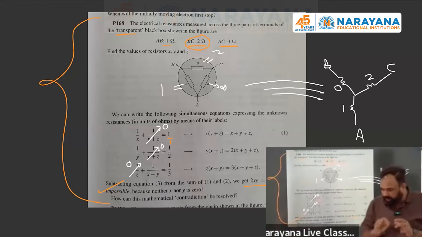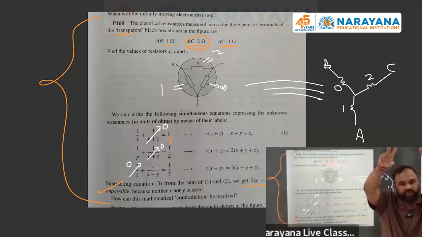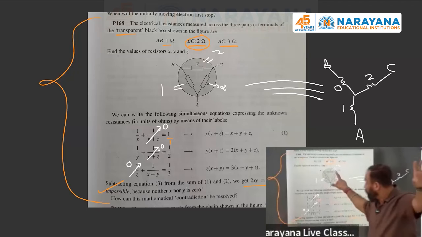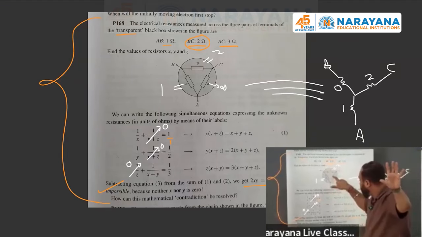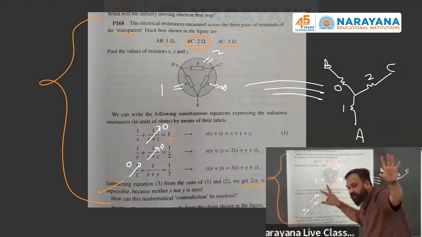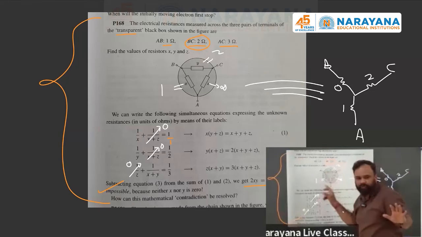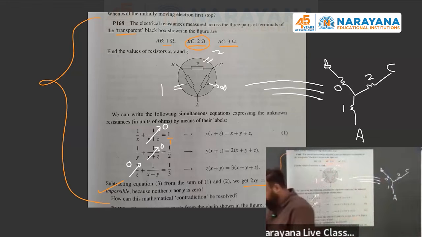But my statement is, it's fine that you can convert it into infinite, but the actual conversion only happens into 2 things. That is a triangular arrangement or the star arrangement. This is a separate thing, that this triangle can be further disintegrated into infinite combinations. If here it is 1, I can put 1 by 2, 1 by 2 in series. I have infinite ways of representing it, further disintegrating it. But the core is always 2 things, that is star or delta.